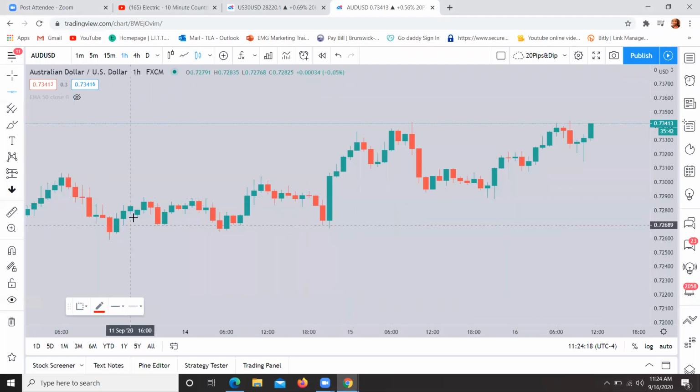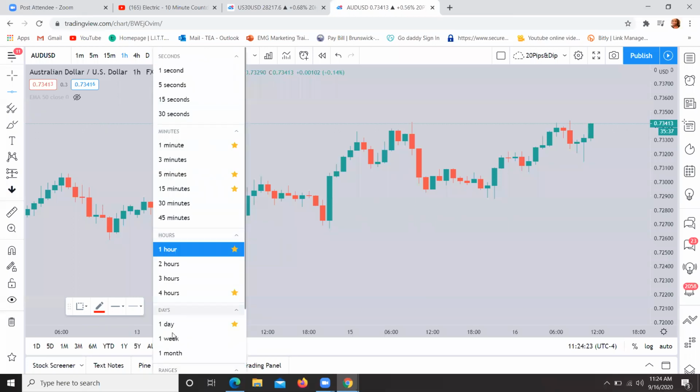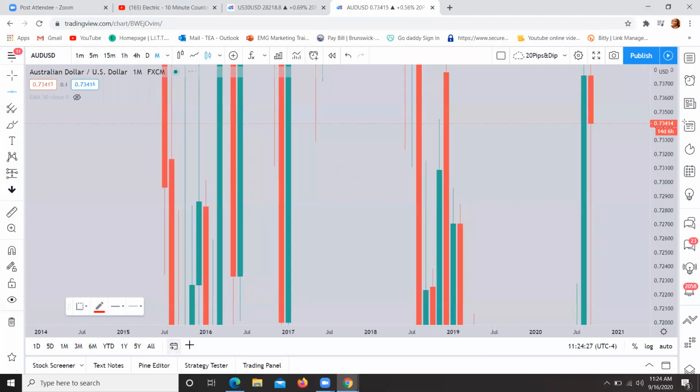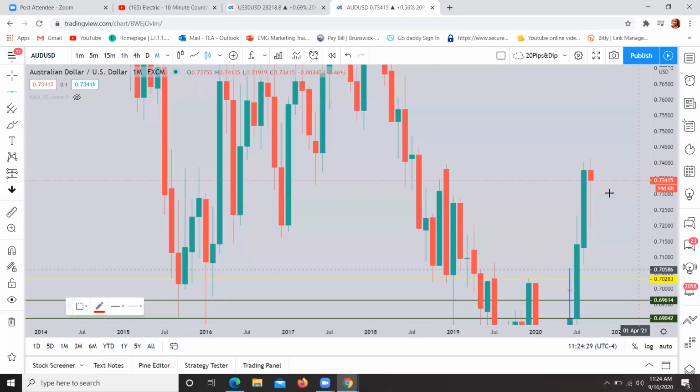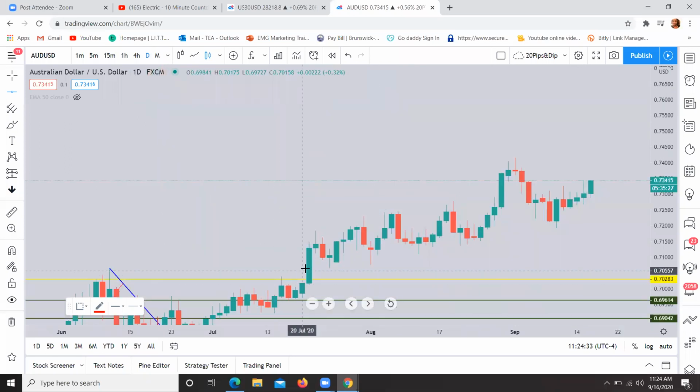Each candlestick represents a different time. You can look at the chart on the monthly time frame. On the monthly, these candles represent 1 month. On the daily, these candles represent 1 day. Y'all see how at the bottom, as I'm scrolling, the days are just changing?